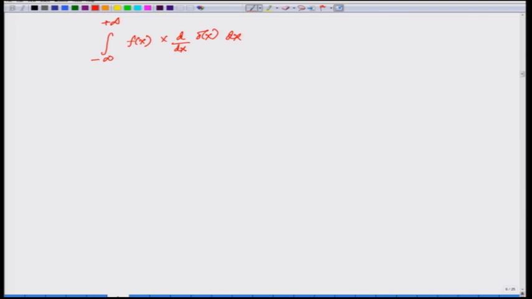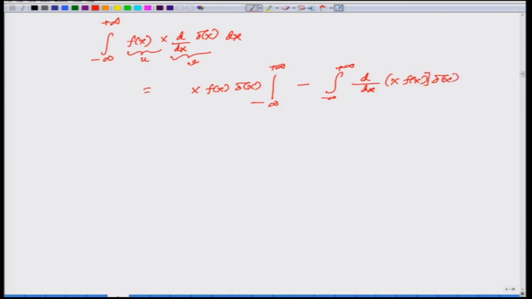I hope that you know how to do the integration by parts. Take one part as u and the other as v and do it. The solution will be like this. This will come out to be x f x delta x from minus infinity to plus infinity minus the integral from minus infinity to plus infinity of d by dx of x f x times delta x dx.